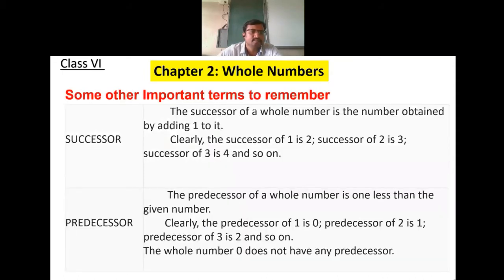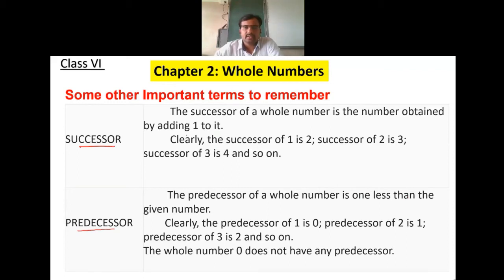These are certain facts you must know related to whole numbers. Now look at this slide. Here I have mentioned successor and predecessor. We know the meaning of successor. Successor means the next number. Successor of a whole number is the number obtained by adding 1. Like natural numbers, each time we add 1, we get the successor. Each time we subtract 1, we get the predecessor. Predecessor of a whole number is 1 less than the given number.